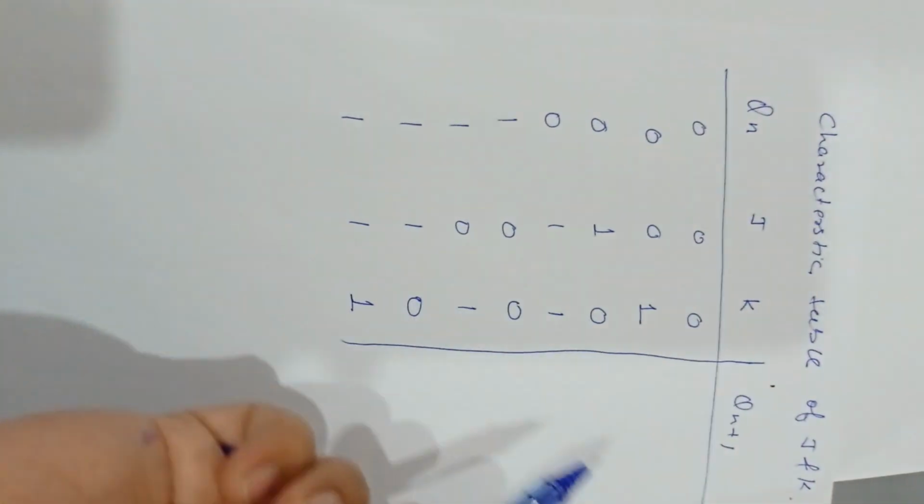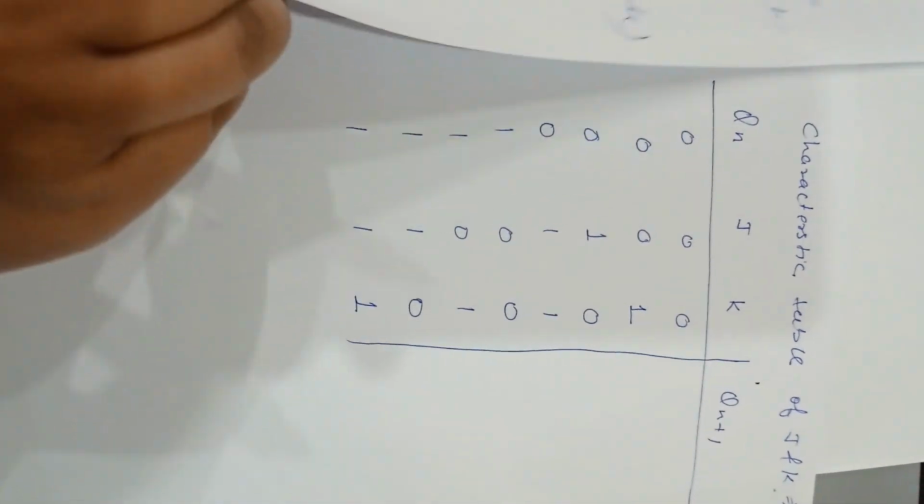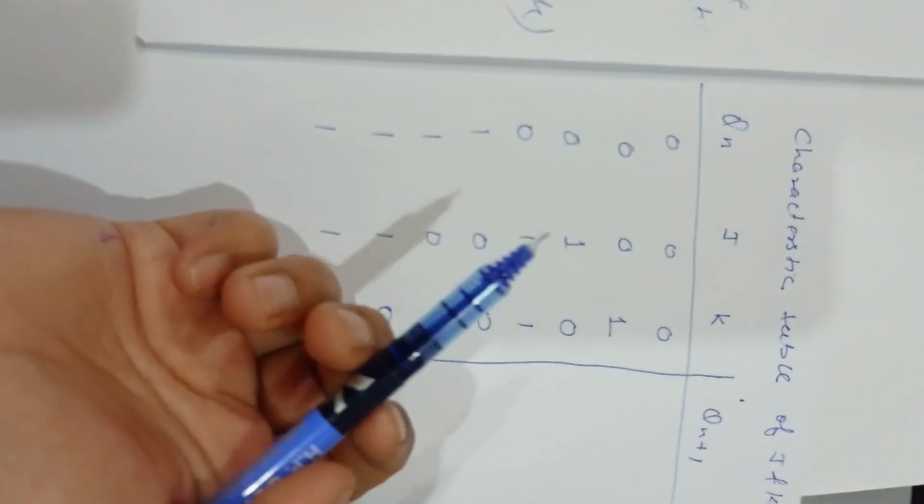We derive this characteristic table of the J K flip flop by using the truth table of J and K. The first case is Qn is 0, J is 0 and K is 0.